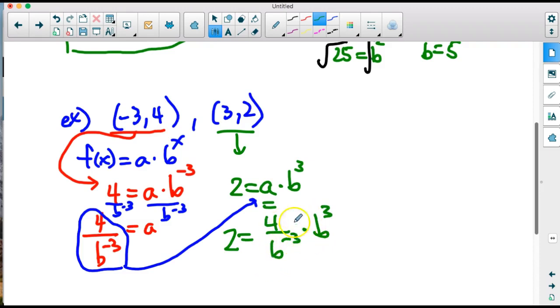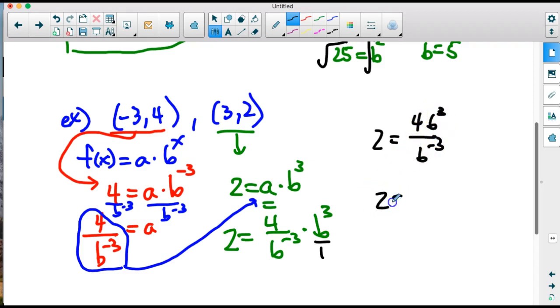Now, we want to simplify this right-hand side. This part is over 1, so we can rewrite it as 2 equals 4 b to the third over b to the negative third. Now these have the same bases, so in this division we subtract the exponents.